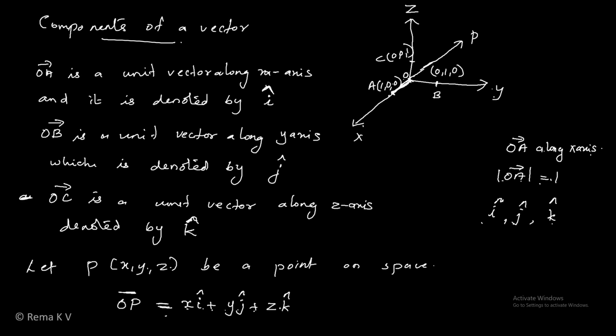OP equals xi plus yj plus zk, where x, y and z are called the scalar components.